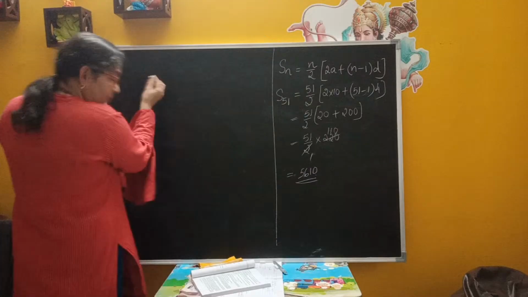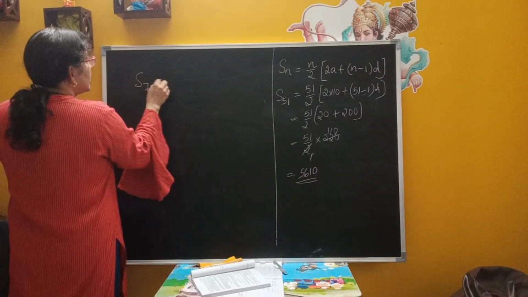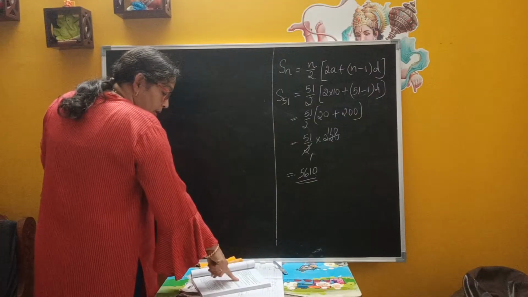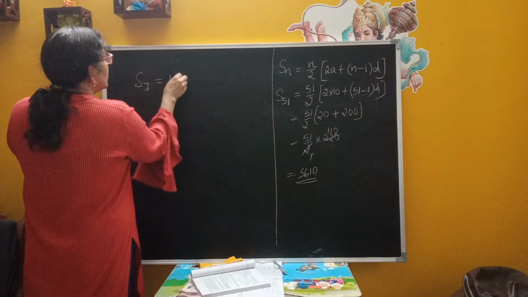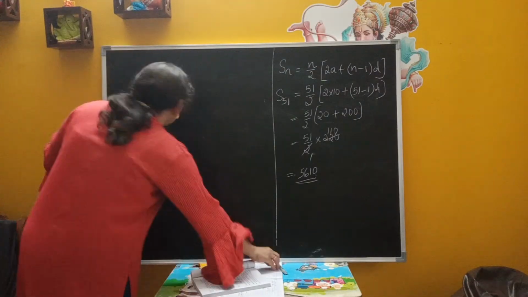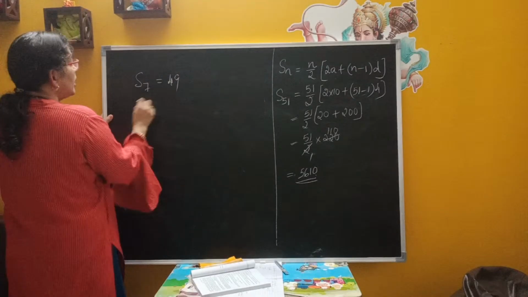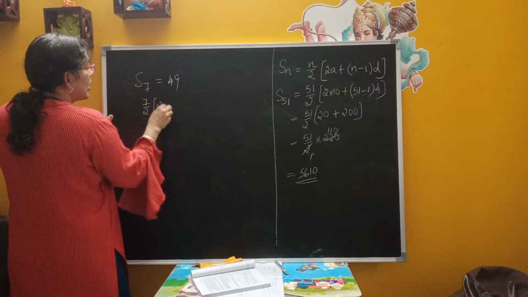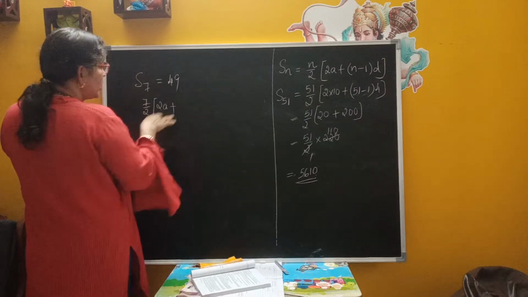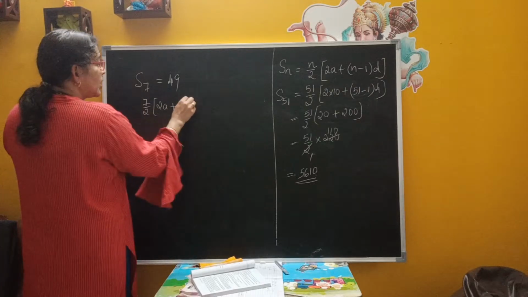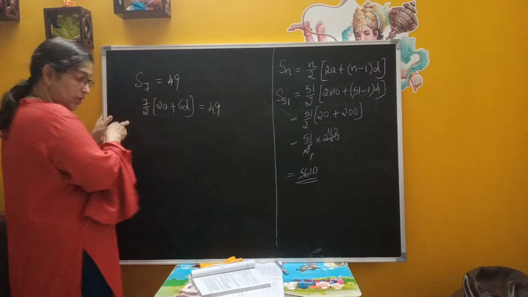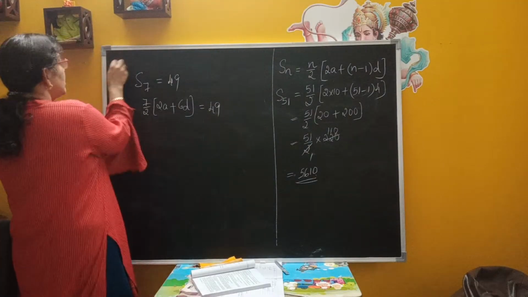So we get S7 equal to 49. That means n by 2, that is 7 by 2 into 2a plus 7 minus 1, 6d, is equal to 49. Now this is the 9th sum.